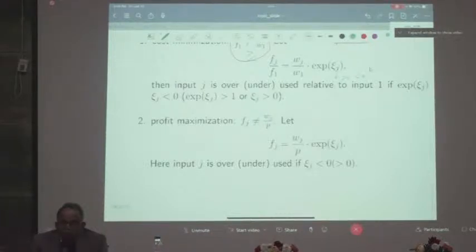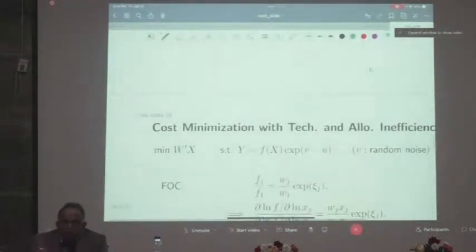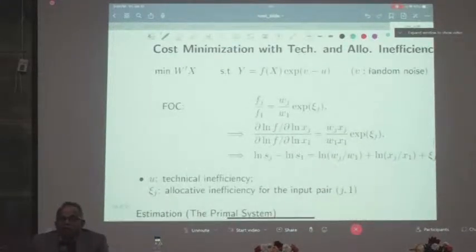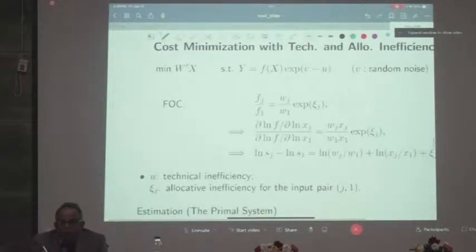Okay. So now again, like the question is that this is kind of the model in the graph. Now, how can you express it mathematically, and then from there you can go to parametrics. So this one is where we introduce allocative inefficiency. Since the production function is going to be expressed in terms of log, let's just think in terms of taking a derivative in terms of log, not in terms of the level. So when you do that, then this condition can be written like this.